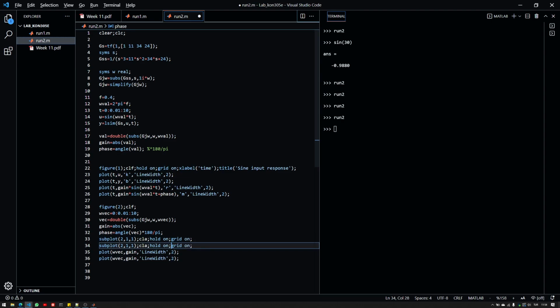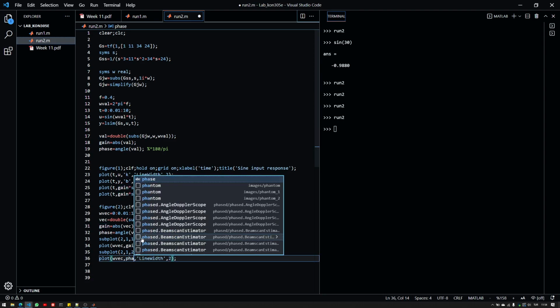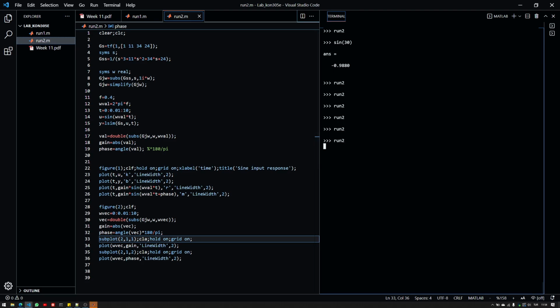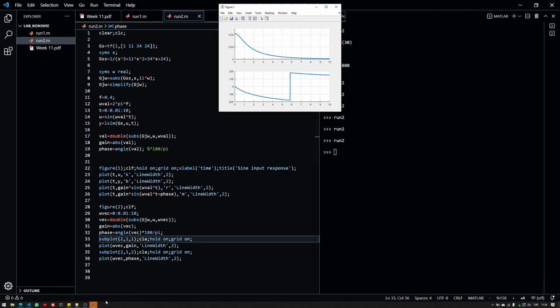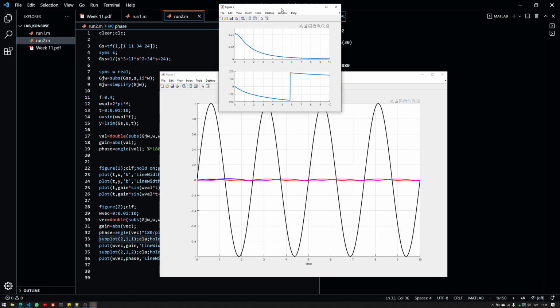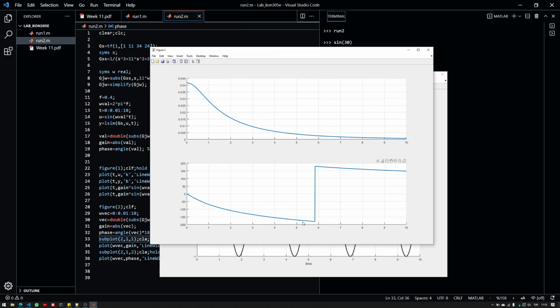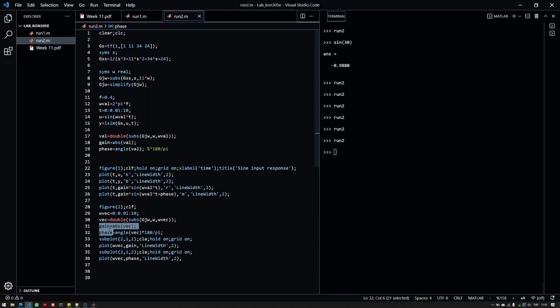And then let's create another one where we plot the phase. So there we go. Now you could argue that this does not really look like a Bode plot, and you would be right. By the way, angle is also not really what we want to use, seems like.